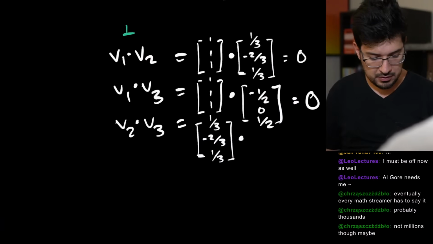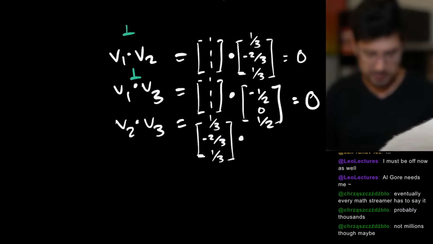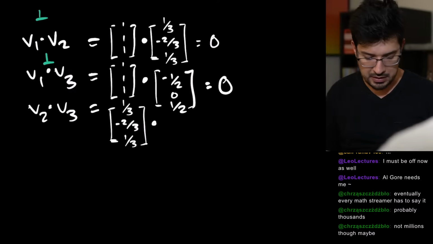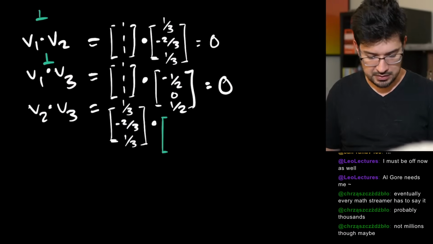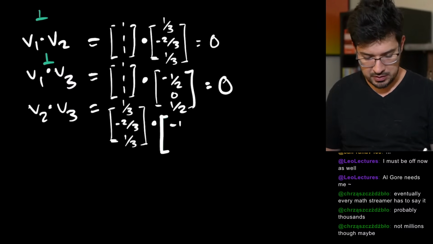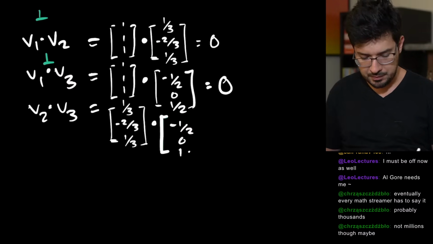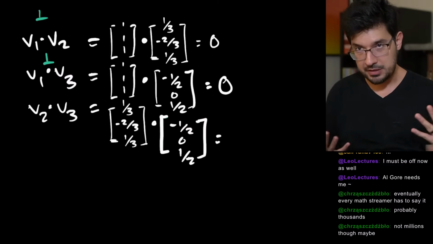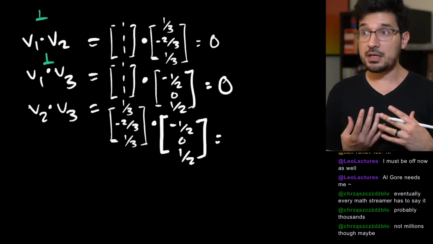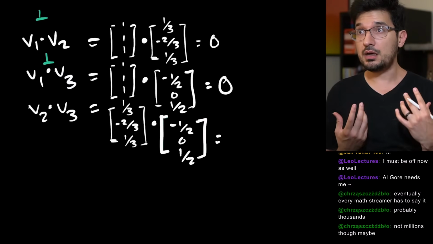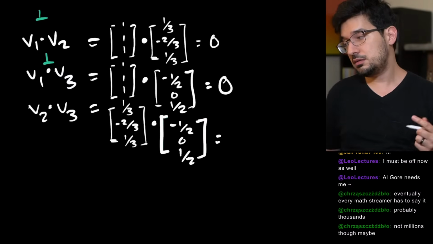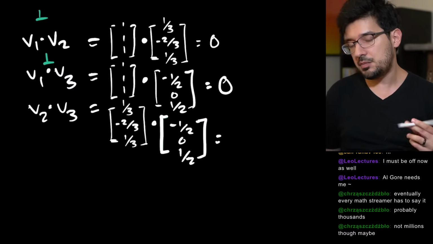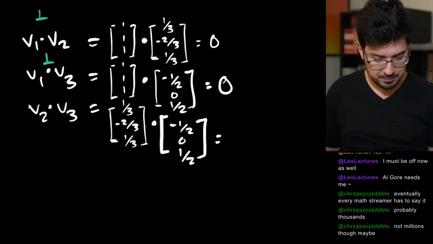Both of these so far have been orthogonal, and now the last one should also turn out to be orthogonal if we did everything correctly, which is, I think, pretty cool. Since you have learned about the dot product and the cosine fact about vectors and their angles.